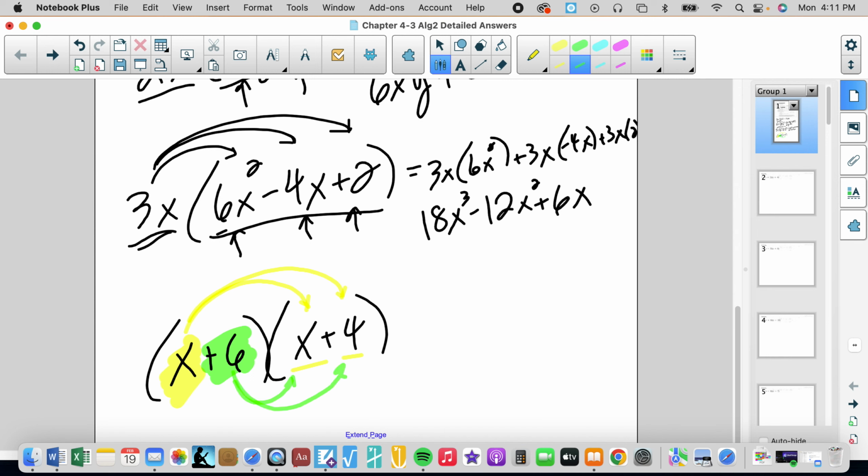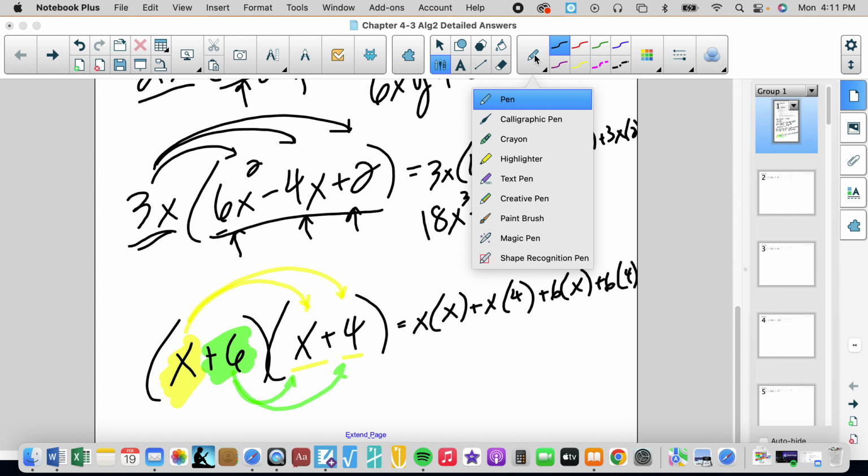It's what I call a double distribution. So you're distributing the x times the x plus the x times 4, and now you're distributing the 6 to the x and the 6 to the 4.